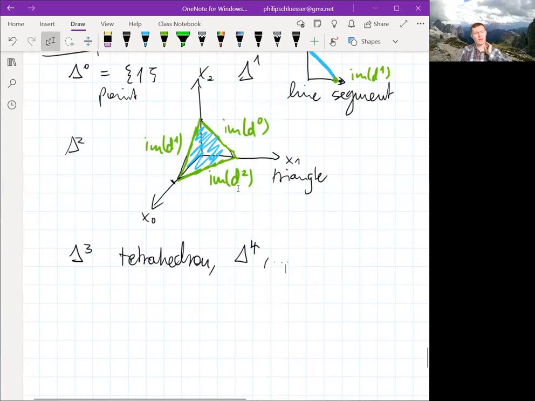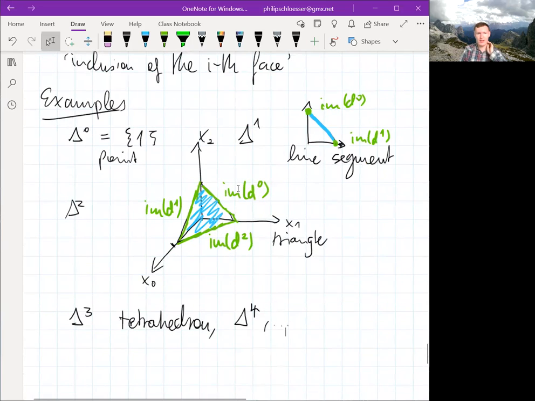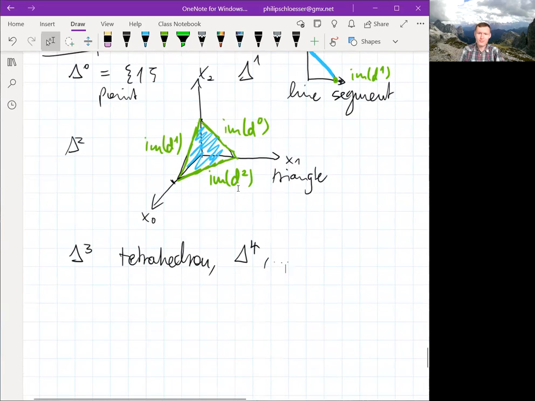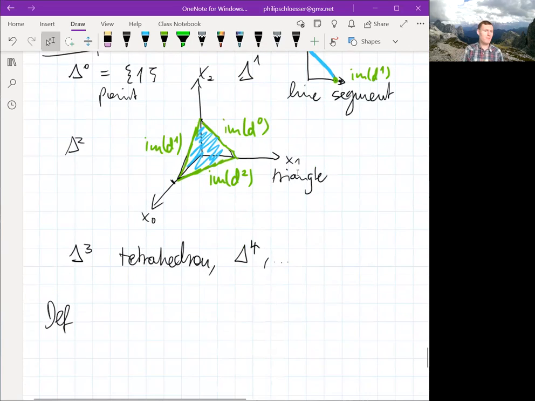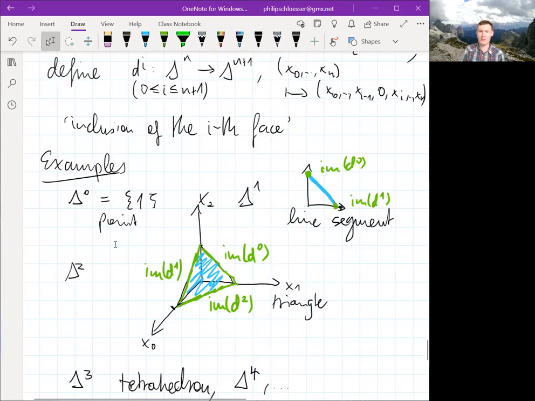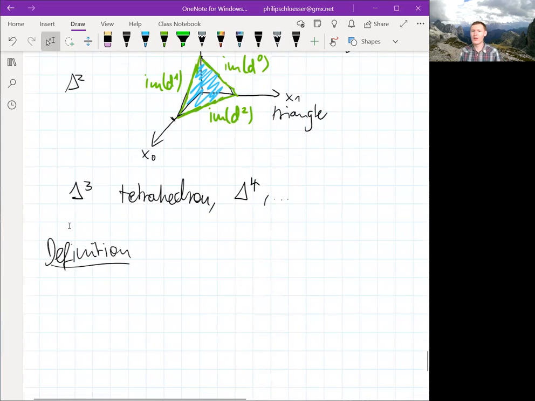And I guess these spaces are nice. We can see that the fundamental objects that we would like to be in there, namely points and line segments, are already contained in there. But we don't want to look at these spaces. We want to look at maps from those spaces to some topological space we are looking at.